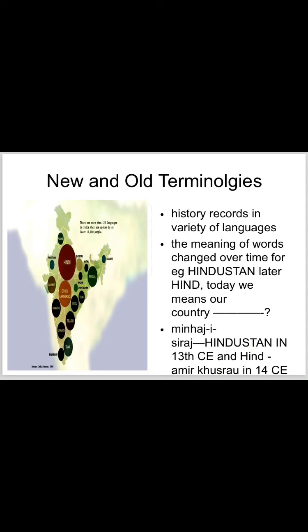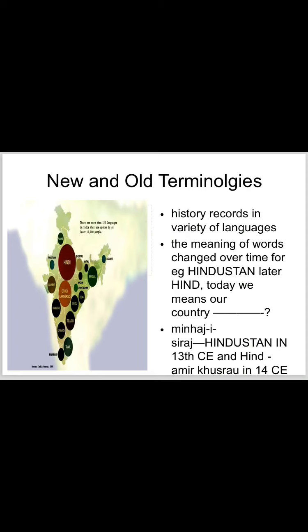For example, take the word Hindustan. In India we use other names also: Hindustan, Bharat, Hind, many names. Today we call our country India. The word Hindustan was first used by Minhaj Siraj in the 13th century. The term Hind was used by Amir Khusrau in the 14th century.